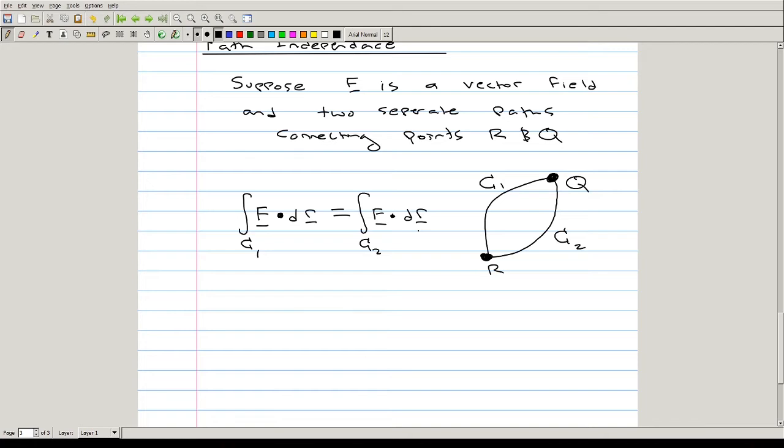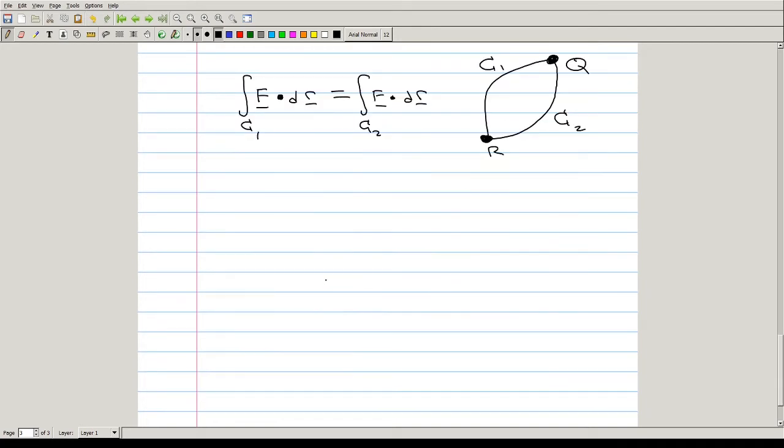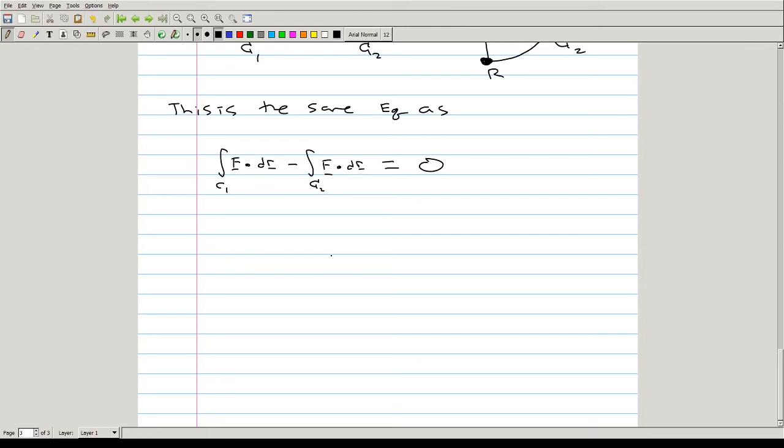And it's very important to point out that this is the same equation as the line integral over C1 of f minus the line integral over C2 of f being equal to 0, which we can rewrite using our simplifications of line integrals.